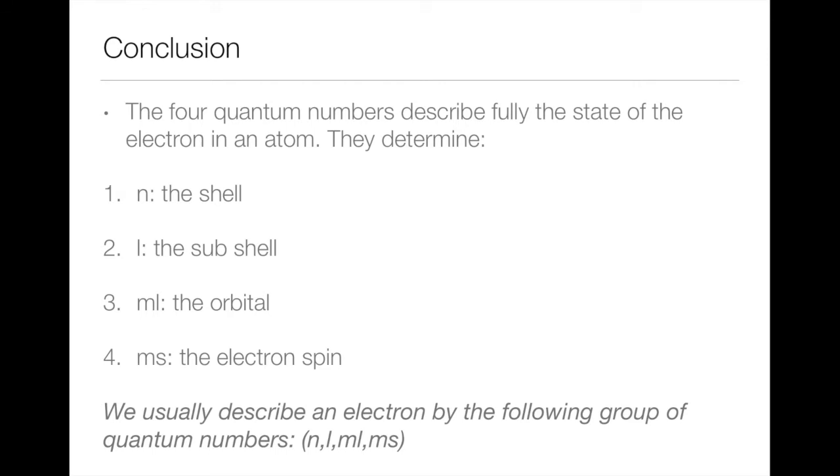That means on shell 3, the subshell p, and the orbital that has an orientation along the y-axis. And the electron spin is positive or negative. So we usually describe an electron by the following group of quantum numbers in parentheses, in that specific order.